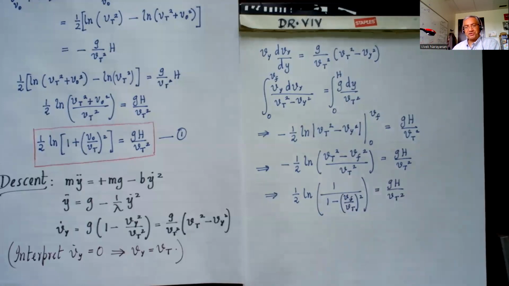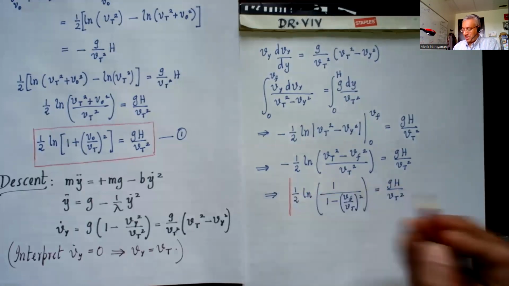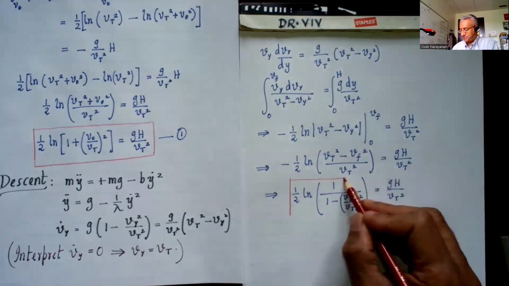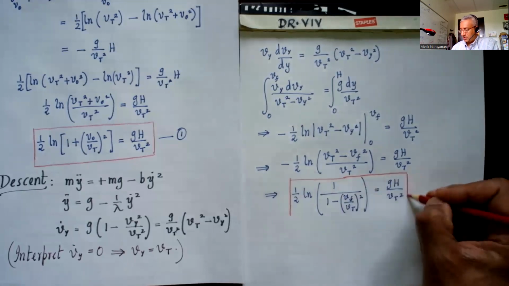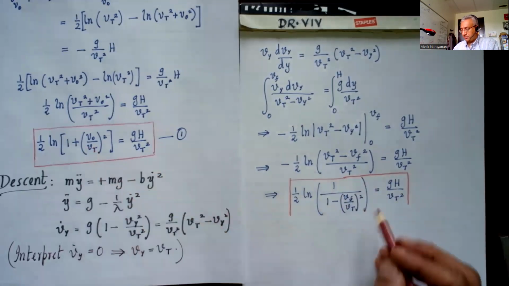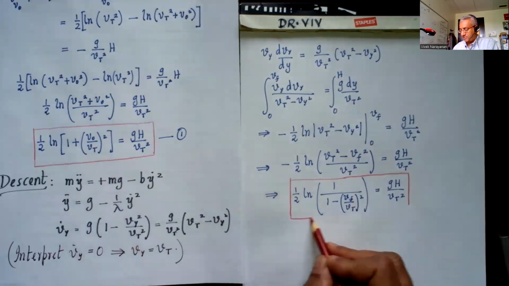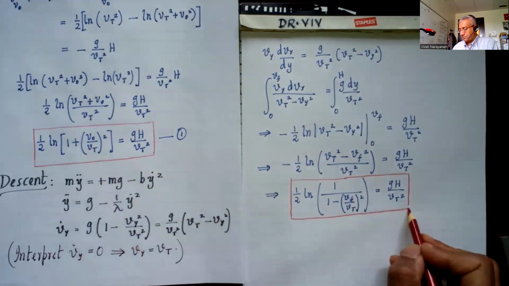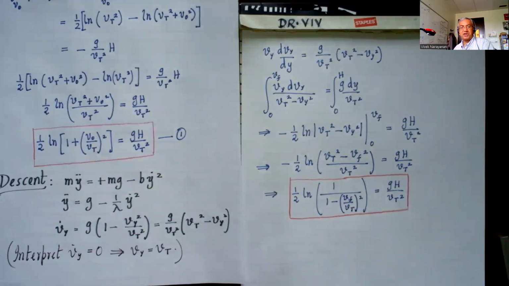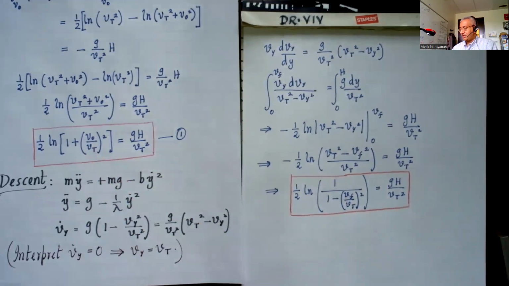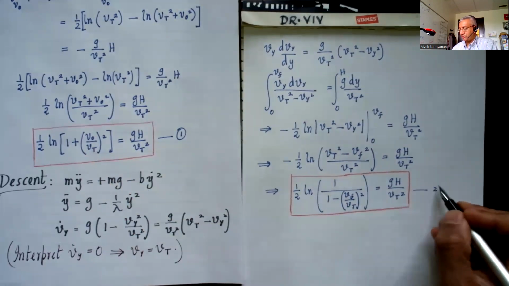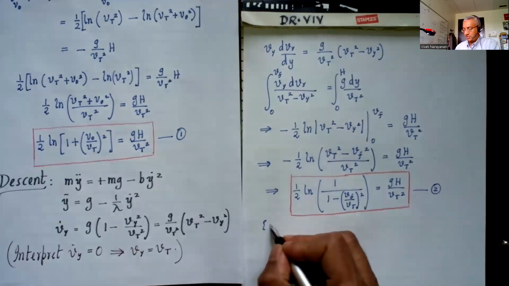So we have two equations that determine the height. One equation involving v naught, the other equation involving vf. Well, the right-hand side is the same. But if the right-hand side is the same, the left-hand side must be the same. So we'll equate 1 and 2.